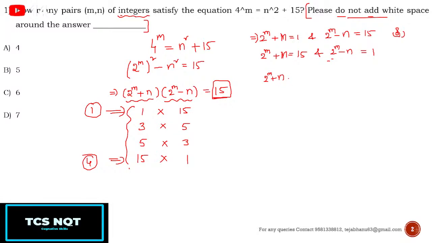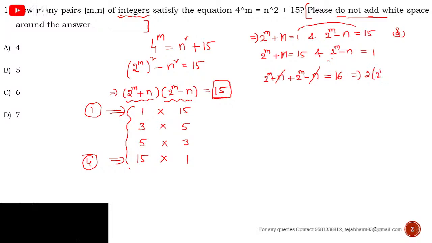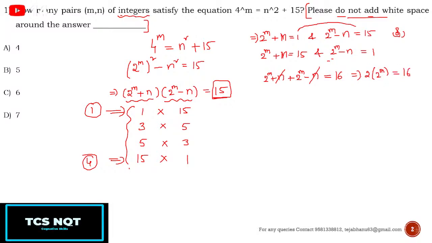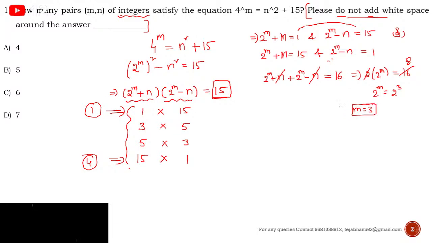Okay, 2 power m plus n plus 2 power m minus n is equal to 1 plus 15, it will become 16. n gets cancelled. 2 times 2 power m is equal to 16, so 2 power m is equal to 8, which can be written as 2 cube. m is equal to 3. M value is 3 from the first case.